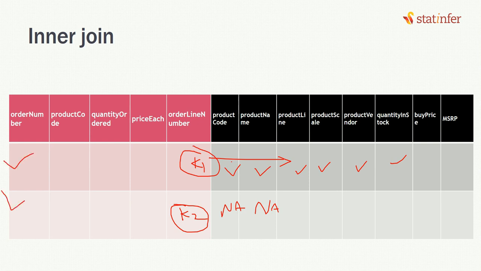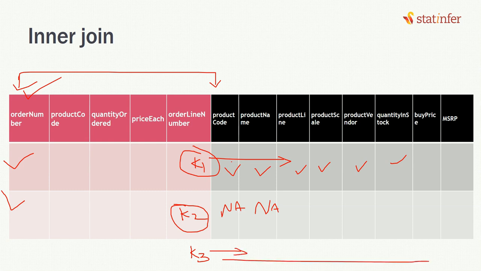Everything from this table is mandatory and should be kept, because our rule was we want to give the order details and matching product details only. That's why they are called outer joins, because everything from one table is definitely taken. If K3 is matching in the product details, the product details will come. If it is not matching, then the product details will not come. Whereas inner join means, let's say K1, if it is matching, the details will be populated.